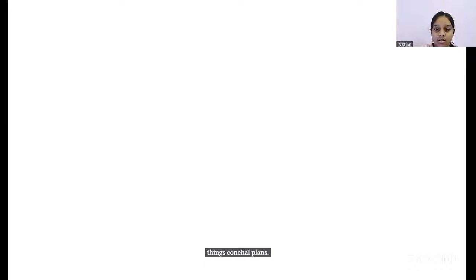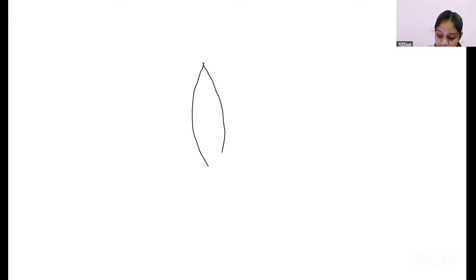Let's draw the diagrams and see. This is your convex lens, and the rays will pass through it.